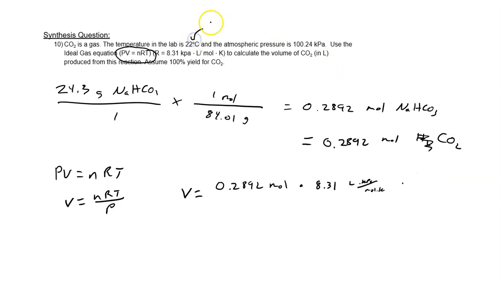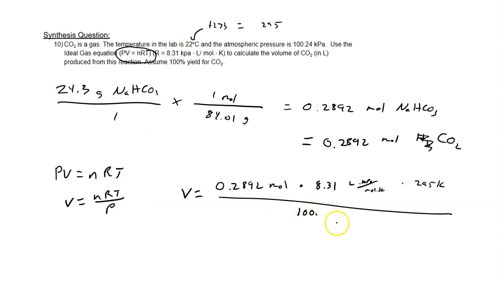That's in Celsius, so plus 273 makes that 295 Kelvin, divided by our pressure, which is 100.24 kPa. And we get a final answer equal to 7.05 liters CO2.